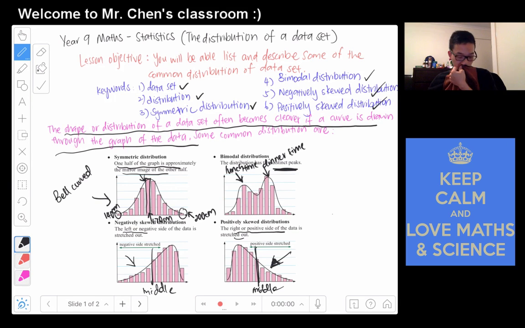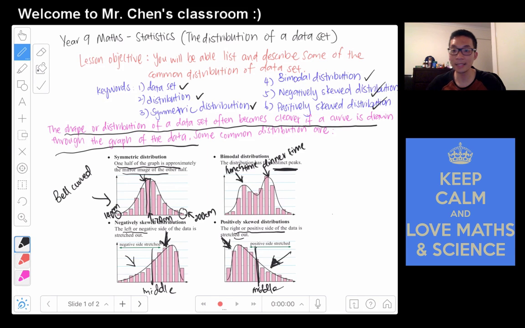Okay, so if you get this kind of data, it means there are more people on this side, more sample size. Whatever data you have collected, there are more of them on this side. And for positively skewed, it means there are more sample size on the left hand side.